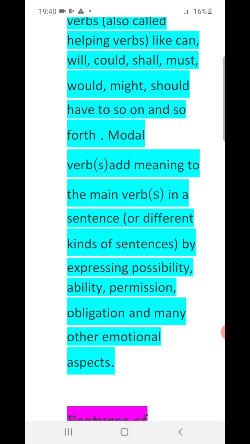So, these verbs express the possibility of anything. Ability. Now, someone's capacity or basic ability to do any kind of work.